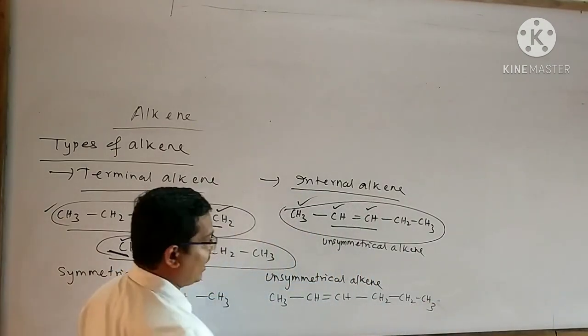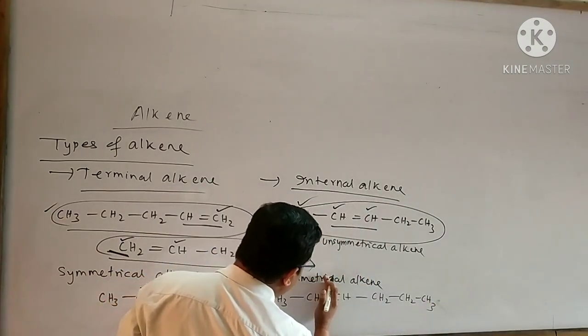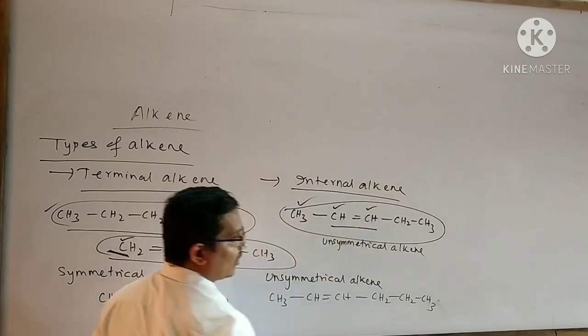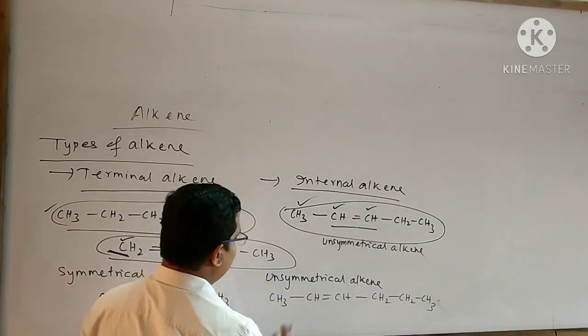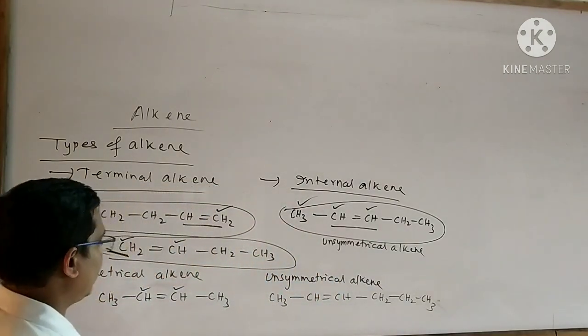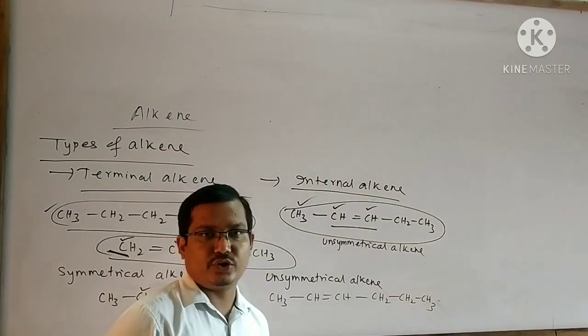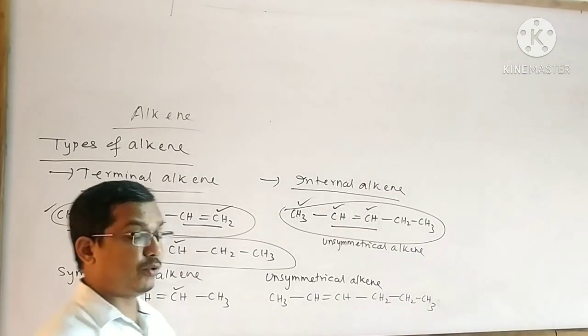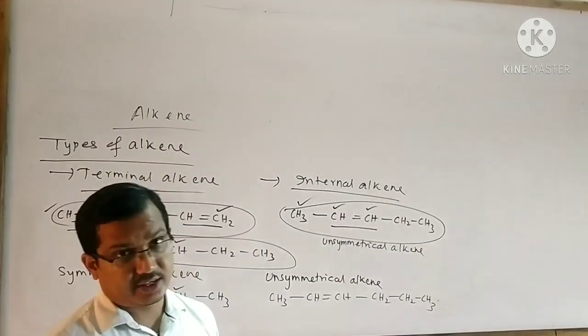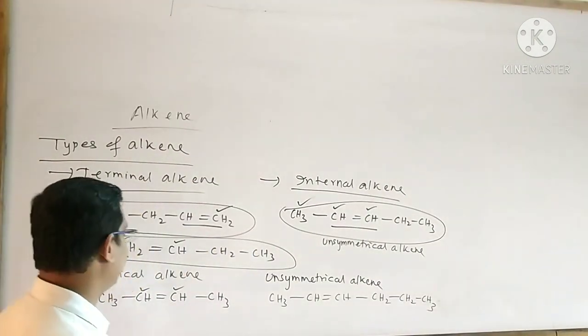If I pass a plane over the double bond here, then what will happen? The left part is not equal to the right part, so it is said to be an unsymmetrical alkene. That means if two parts are same, then it is said to be symmetrical alkene. If two parts are not same, then it is said to be unsymmetrical alkene.